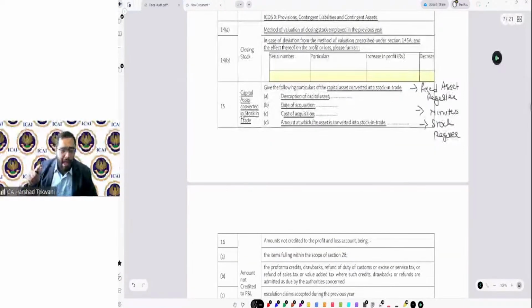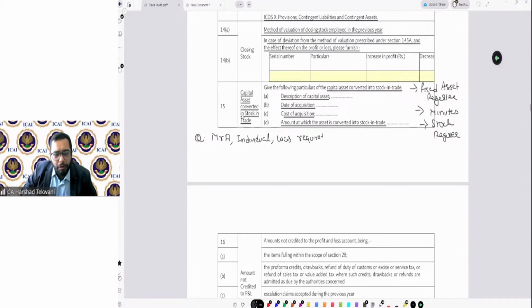Now I have one question on this. Let's say, for example, Mr. A, an individual assessee, was required to get his books of account audited for the first time since inception of his business.